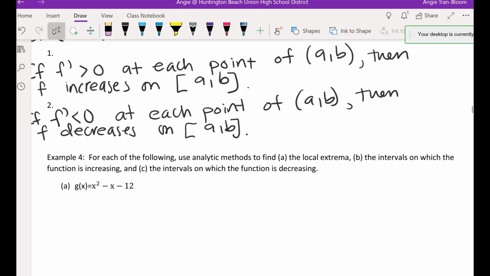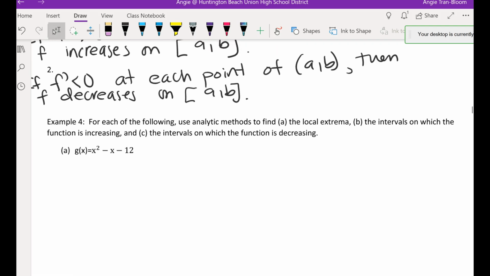Perfect. Okay. We all by now know how to find the extrema, right? What do we do first? Derivative. g prime of x equals, Marco, can you give me the derivative of g? 2x minus 1. Good. We take it and set it equal to 0 to find the critical point. Aiden, go ahead and solve for it. What is x? 0.5. Good. x is 0.5 or a half.